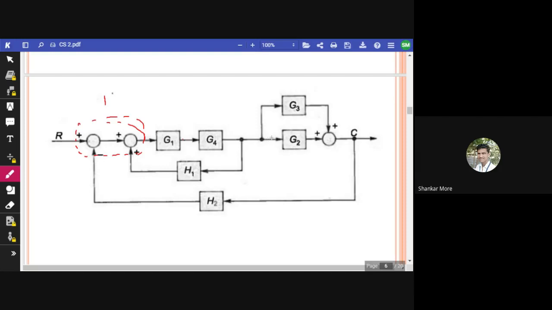After G2 we have one node, which is going to be a single node only. This is our second node. And this can be taken as one node, but I won't recommend you to do so. What we will do is take it as a third node and take it as a fourth node.